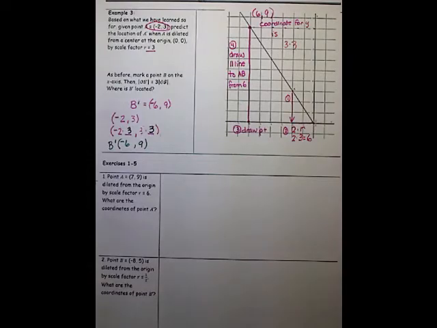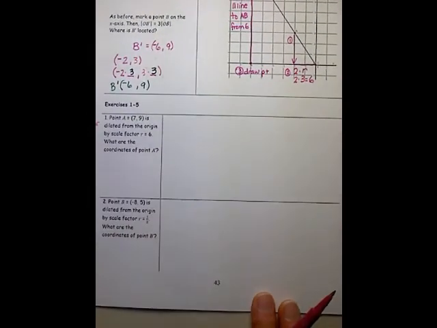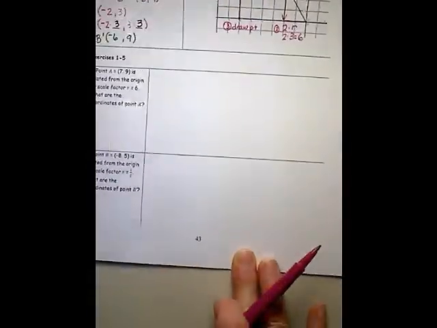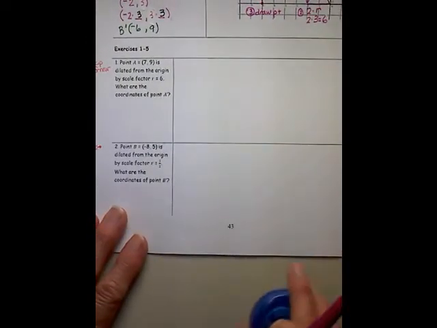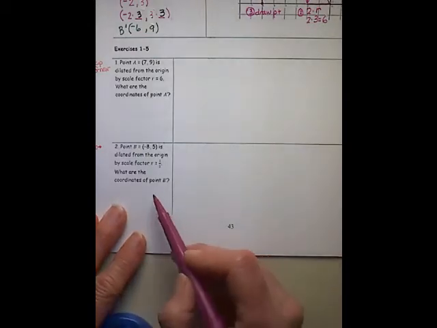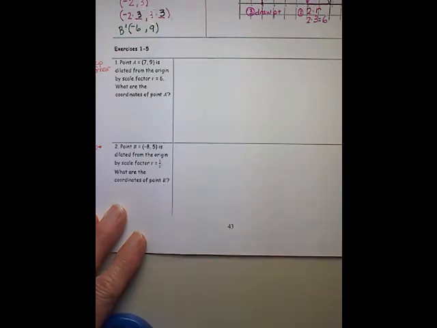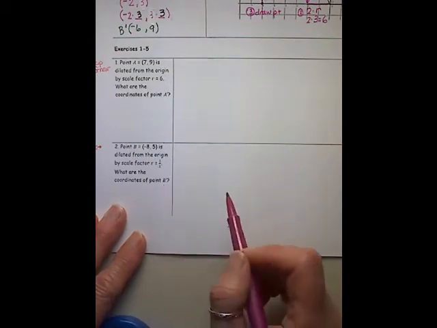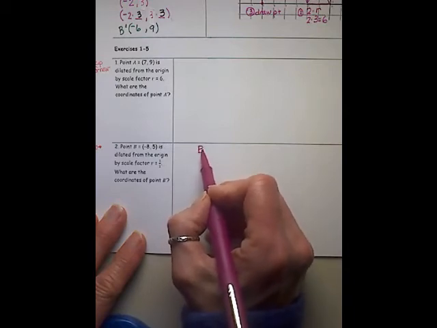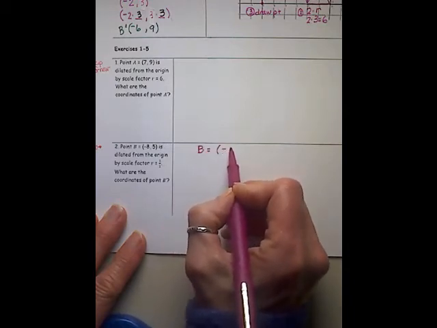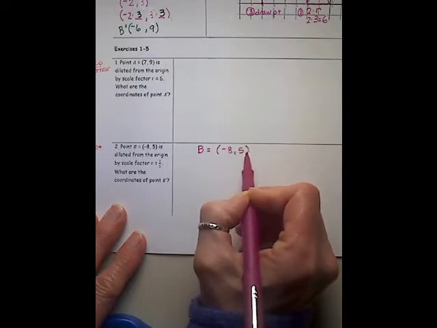Okay. We're going to skip down to number 2 next. And the problem says, point B, which is negative 8, 5, is dilated from the origin by a scale factor of 1/2. What are the coordinates of point B prime? So our original point B is equal to the coordinates negative 8, 5.